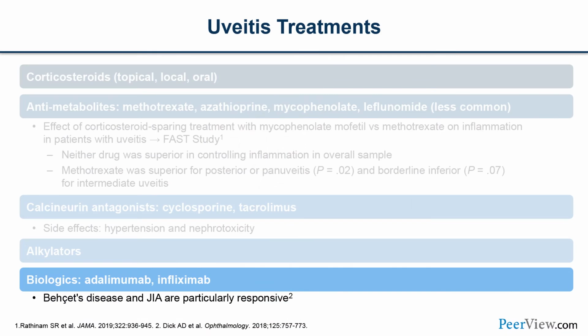There are some forms of uveitis where we don't move up in a stepwise fashion, as I did in the patient whom I described at the start of my talk. And those two diseases especially, where we have a low threshold for starting anti-TNF therapy, a biologic therapy, would be Behçet's disease and JIA.